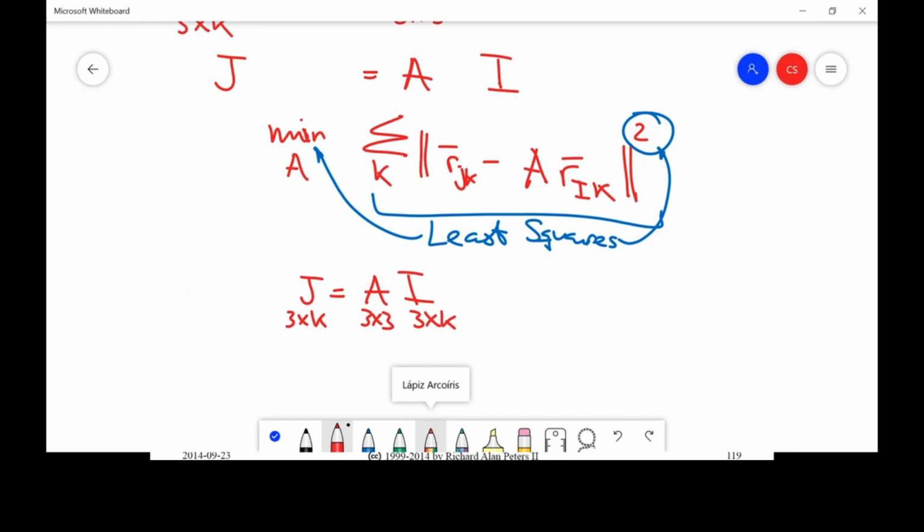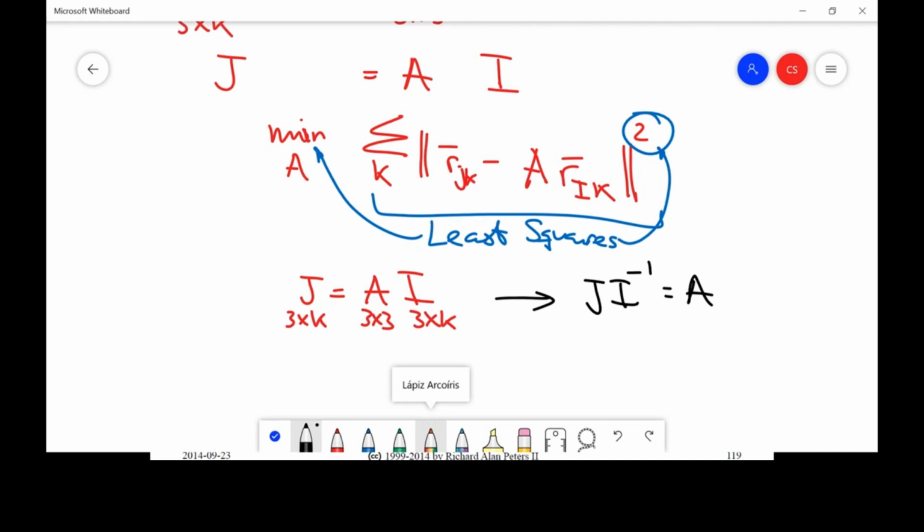Can I do that? Can I multiply on the right by the inverse of the matrix I? So can I write J I to the minus 1?